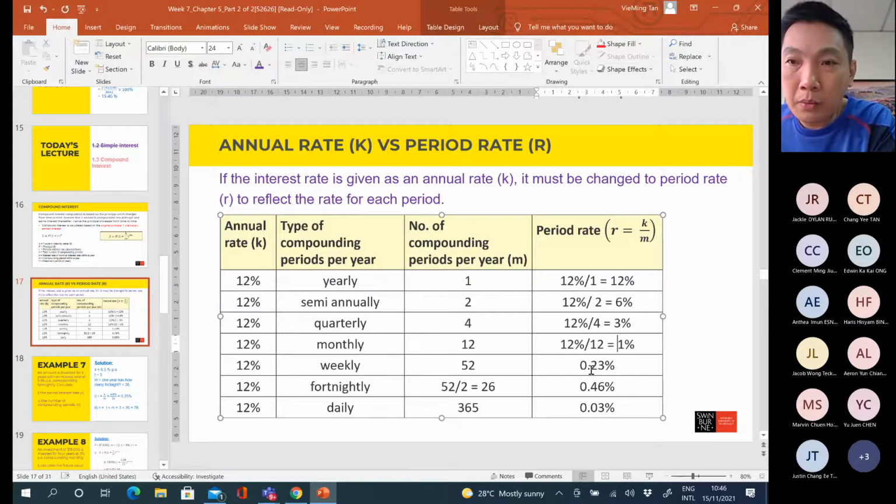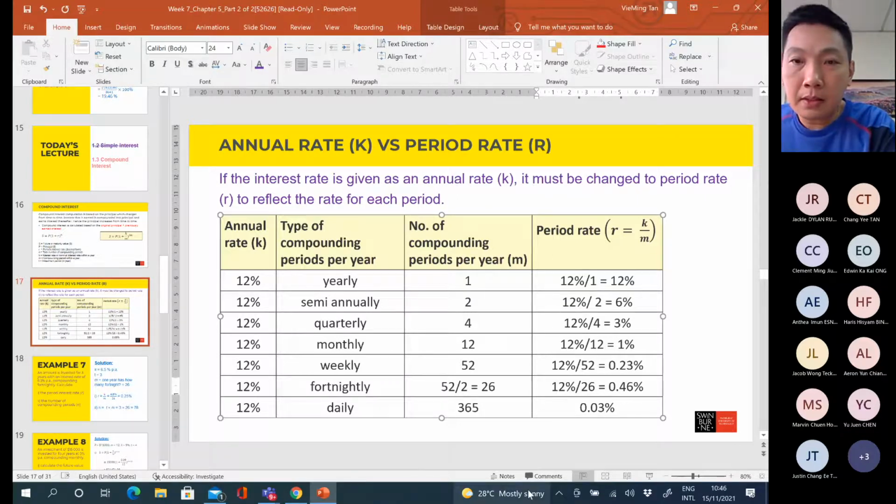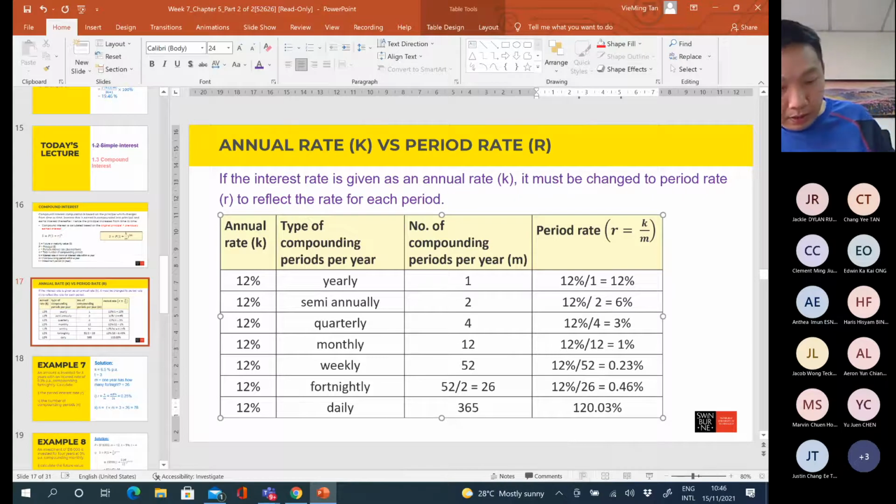Weekly rate is using the annual rate divided by M, 52, which gives 0.23%. Fortnight is 12% divided by 26. Lastly, daily rate is annual rate divided by M, which is 365.